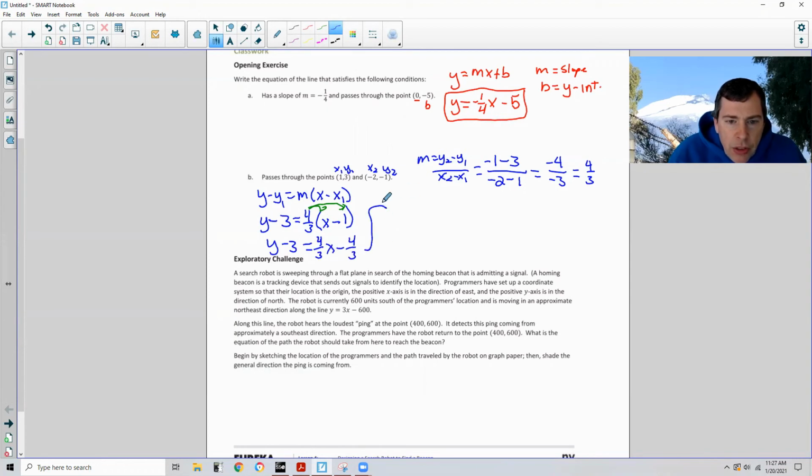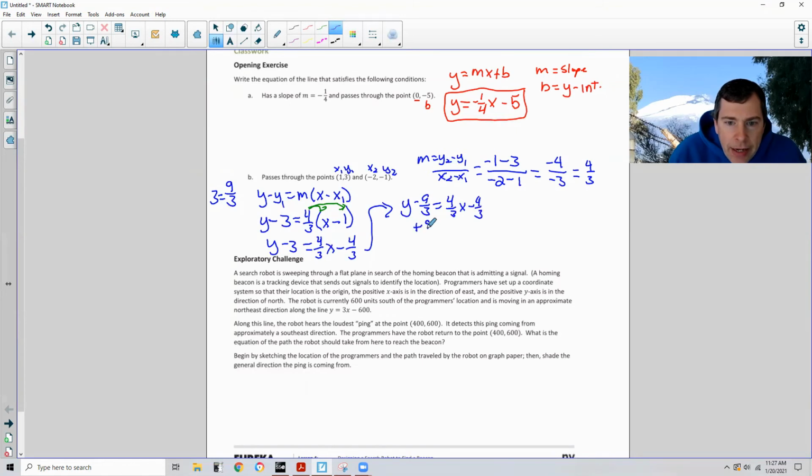Okay, so I'm going to continue up here. And a minus 3: 3 is equal to some fraction with a denominator of 3. Well, it's 9, since 9 divided by 3 is 3. So I'm changing this to 9/3. y minus 9 over 3 equals 4/3 x minus 4/3.